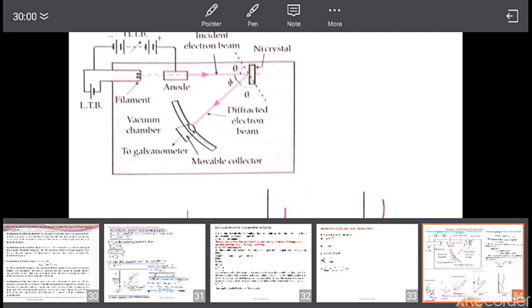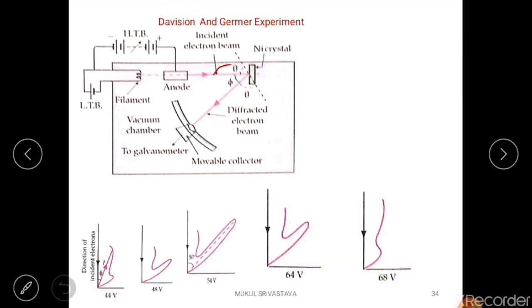The movable collector will collect the electrons scattered from this nickel crystal. If you see the figure here, this phi will represent the scattering angle between the beam of incident electrons and the scattered beam of electrons.